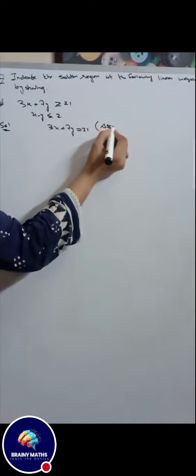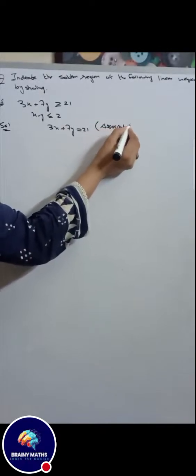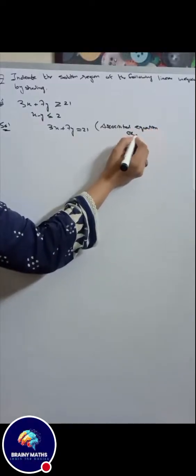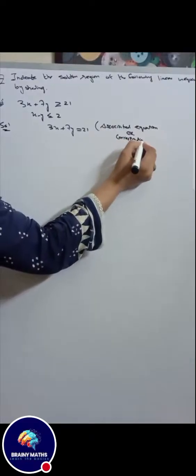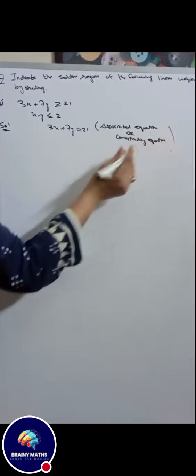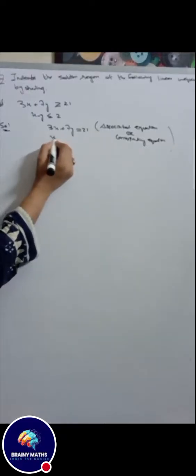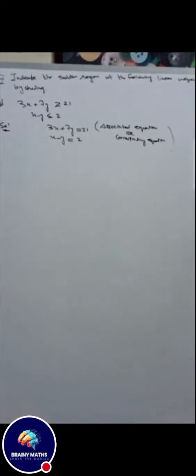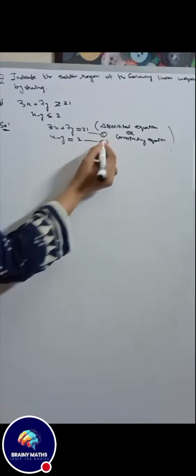This is called the associated or corresponding equation. Now next, x - y = 2. I hope it's clear. Let's give them names. This is called the first equation, this is called the second equation.